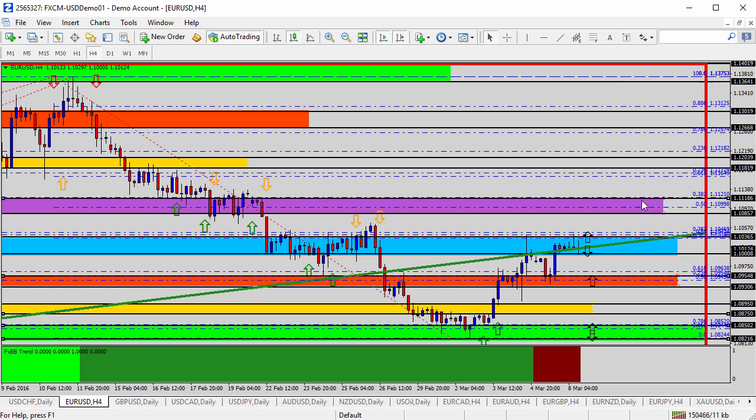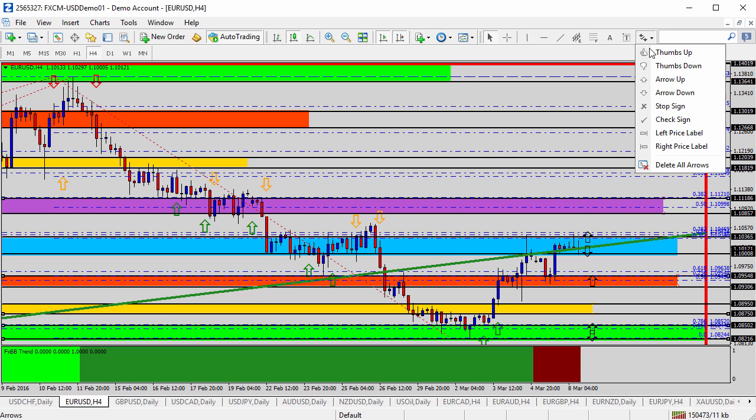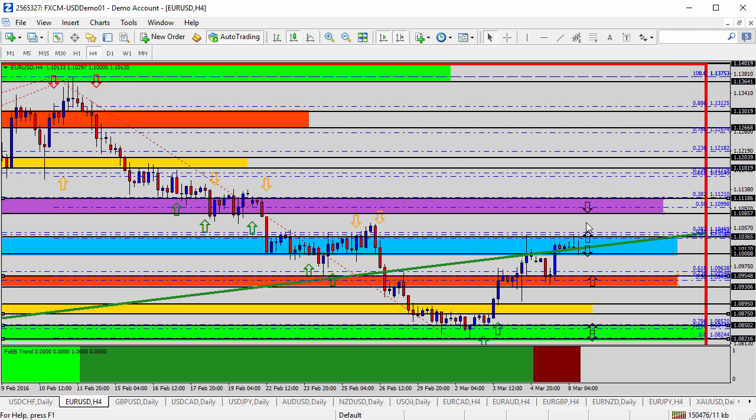First area to look for would be the 1.1100 level. That's this purple shaded area right here. If it breaks the blue zone, all those Fibonaccis, the 200 period moving average, and all that, it would have to break above that to go up here to the purple zone. If it doesn't, and pushes back underneath 1.1, then we're likely looking for it to head on back down here to the mid to low 1.09s for the euro dollar today.